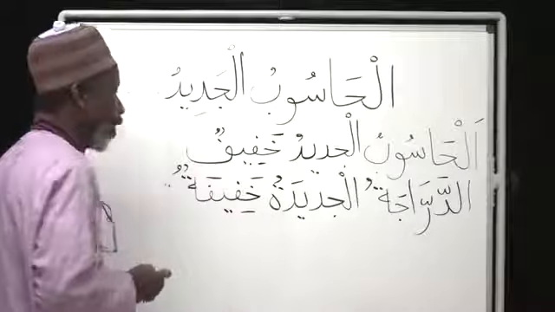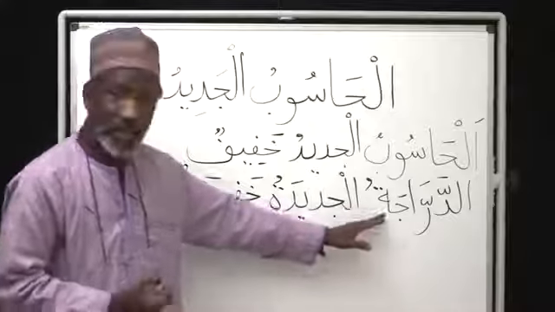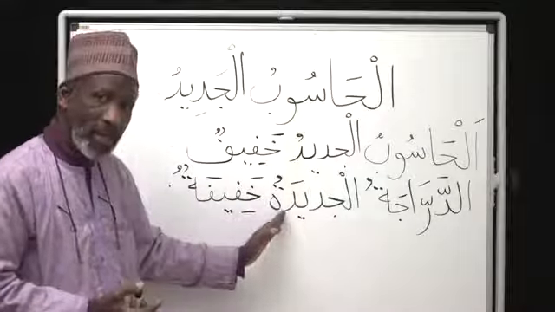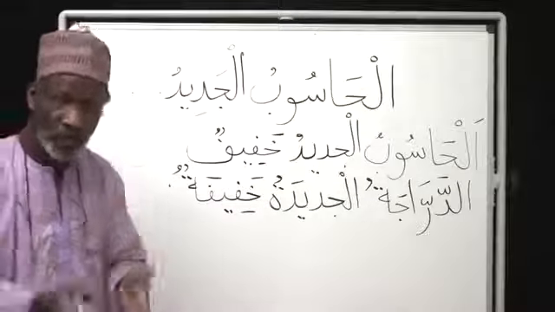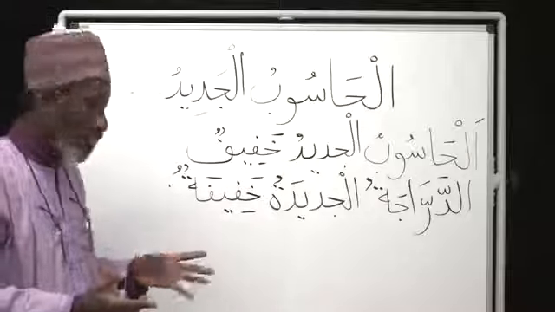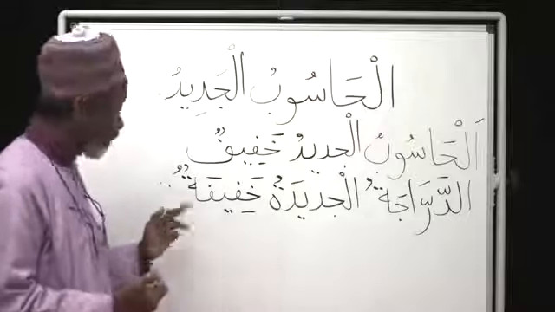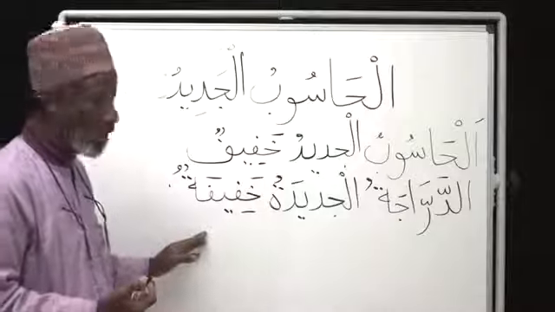Khafifatun. Now we maintain the gender throughout. Ad-darrajatu, that's feminine and is defined. Al-jadidatu is feminine and is defined. Because we want to say "is", we drop the al and we revert to indefinite. So khafifatun is light.